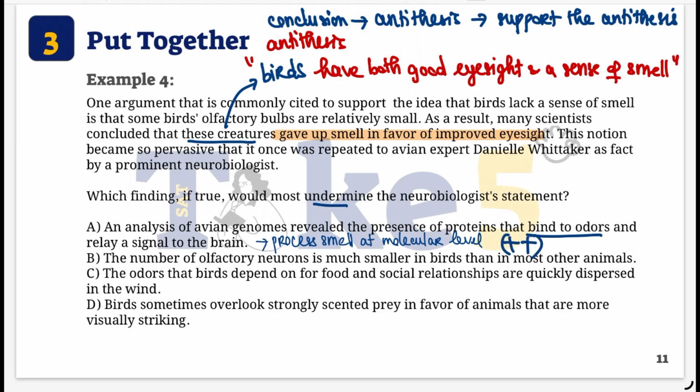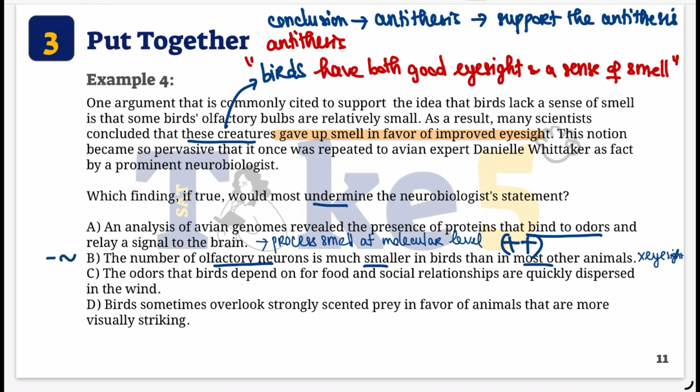B partially covers the original claim, saying that birds have far fewer olfactory neurons than most animals, or fewer smell processing cells, not necessarily comparing with eyesight. So put a negative or even neutral, unrelated sign here to indicate that it's not really supporting the antithesis.